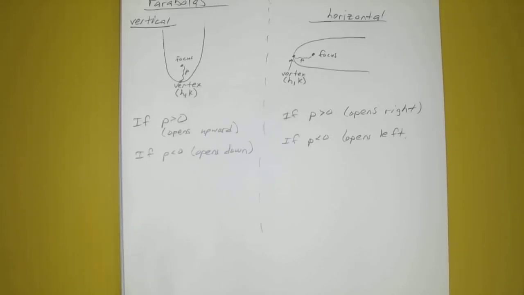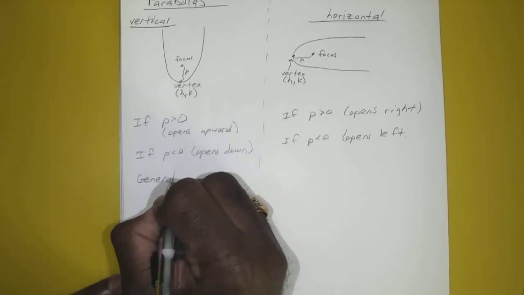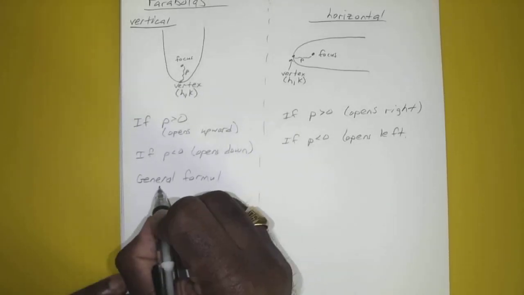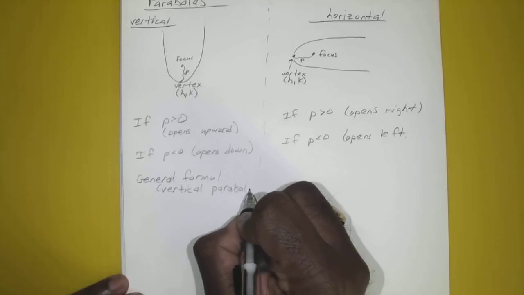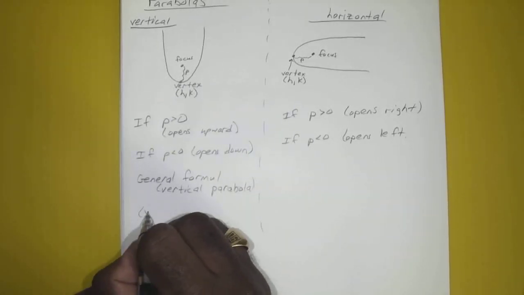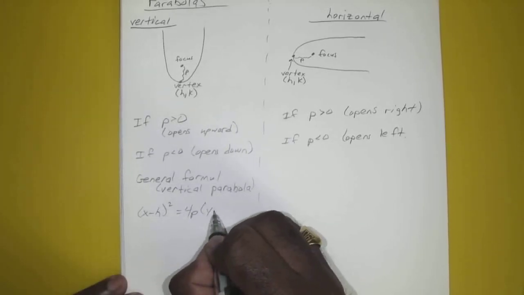Okay, now we actually have a great big long detailed explanation that's about 5 pages long as to where the formula came from, but those will be attached to the scan note, but you don't have to know them, so that's why we're not going over them. But the general formula for a vertical parabola is (x minus h) squared equals 4p times (y minus k).